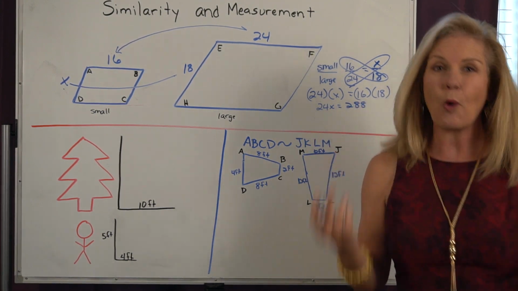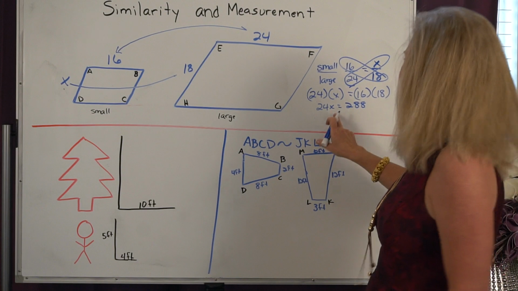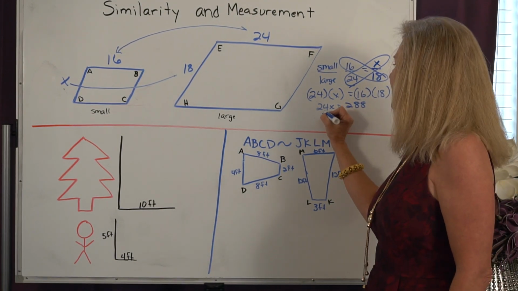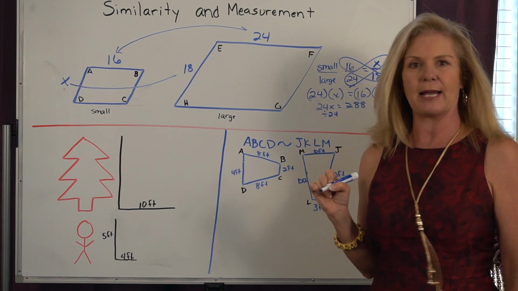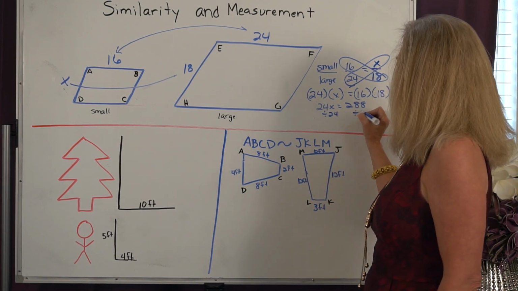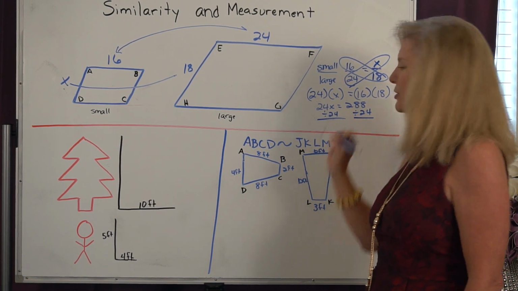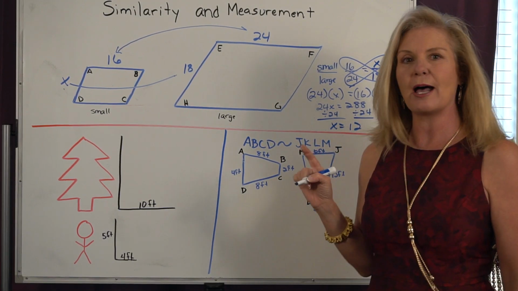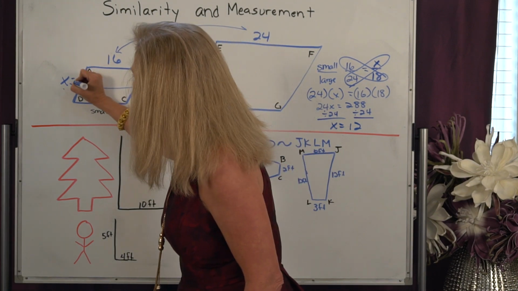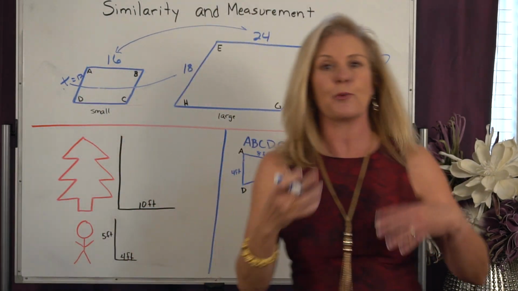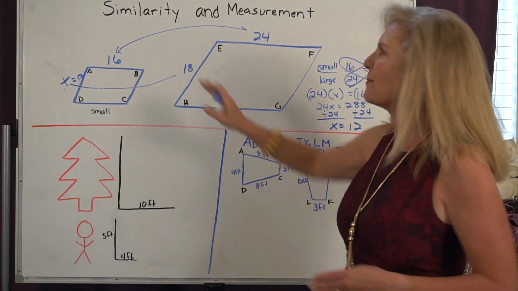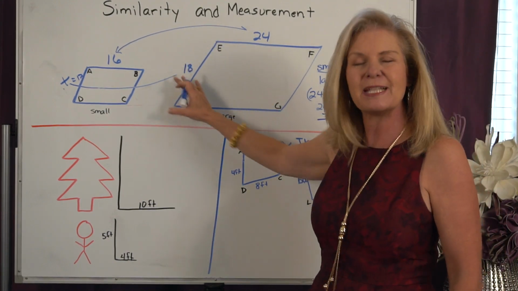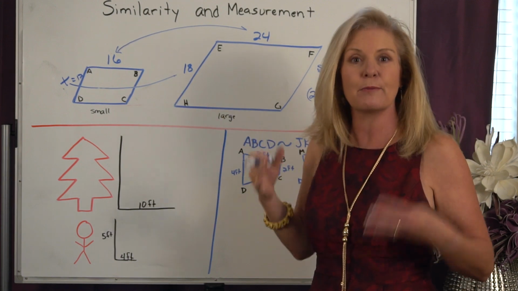Now this is only a one-step equation, so we need to get x by itself, but it has this times 24, so I'm going to use inverse operations and divide by 24, but whatever I do on one side, I have to do on the other. When I solve that, I see x equals 12, which means this unknown side length has to be 12 units. That's the best way that you can use proportions to find missing lengths of similar figures.